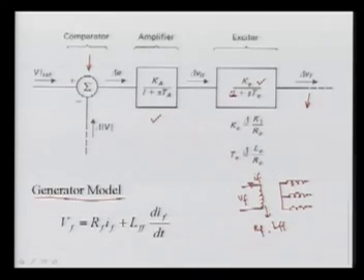And because there is some mutual coupling between the field winding and the armature winding, I can denote it with LAF, the mutual inductance between the armature and the field. So for this circuit, we can relate Vf with If by this equation: the voltage will be equal to Rf If plus Lff dIf/dt.